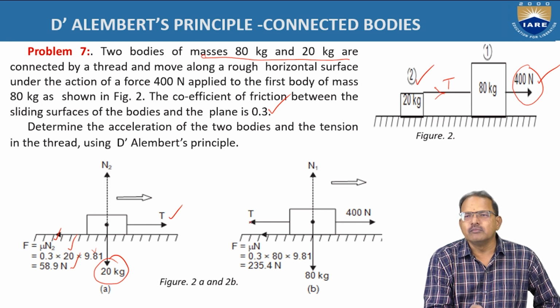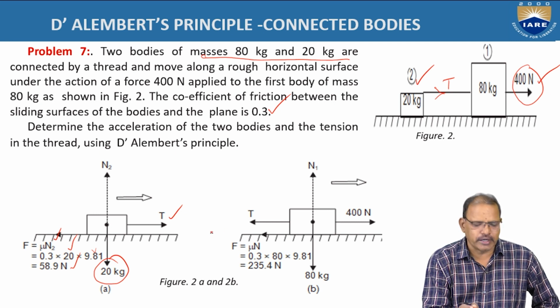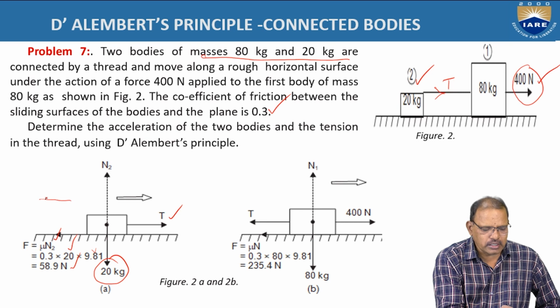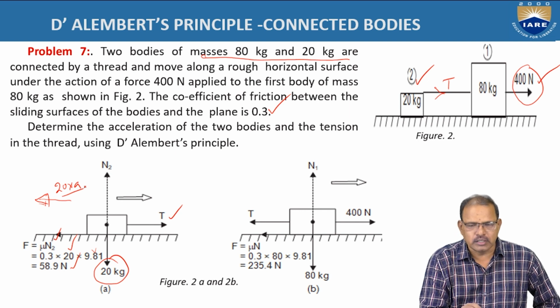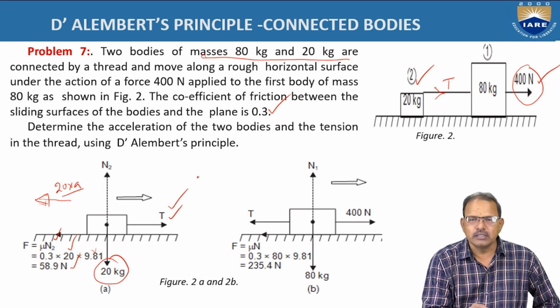Since the body is moving toward the right hand side, the inertia force is acting in the opposite direction, which is equal to M into A, that is 20 into A. Tension is there now.